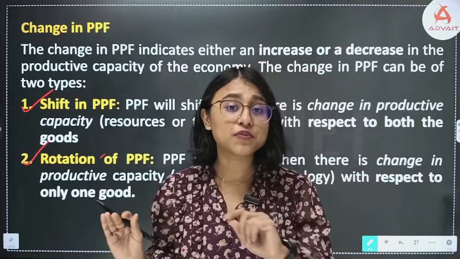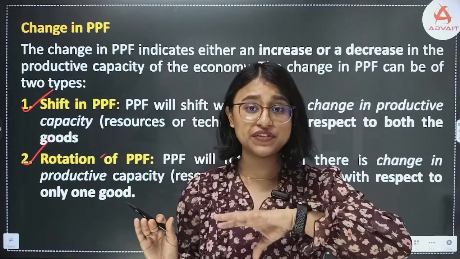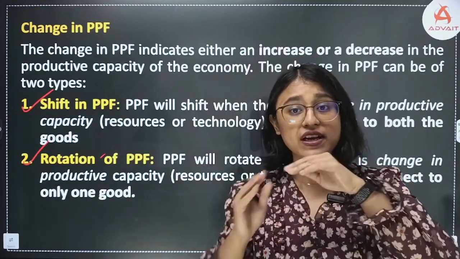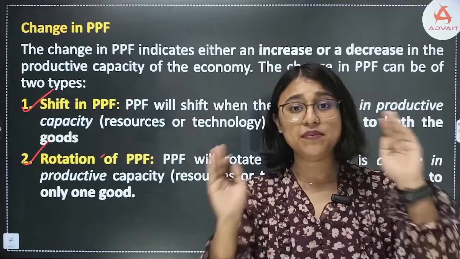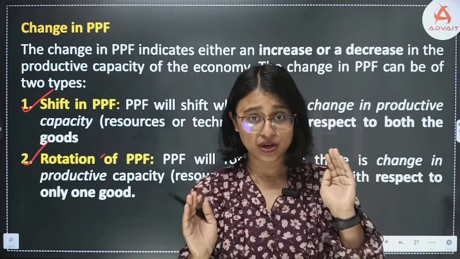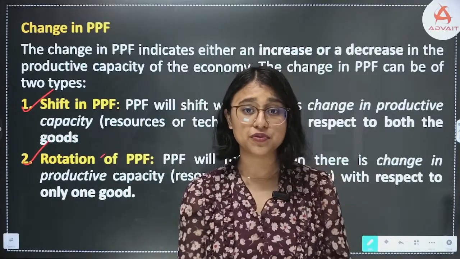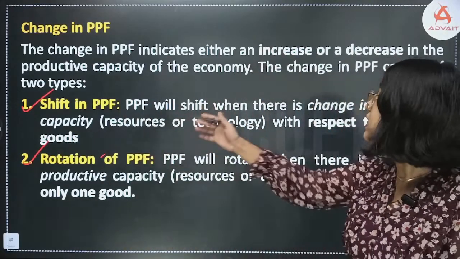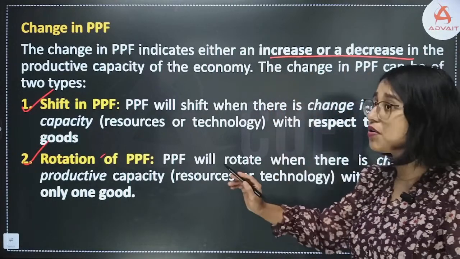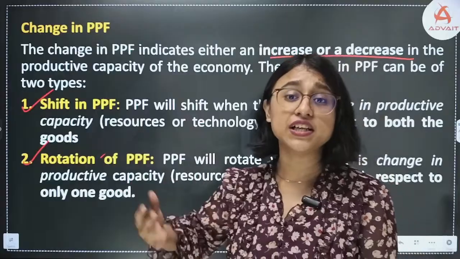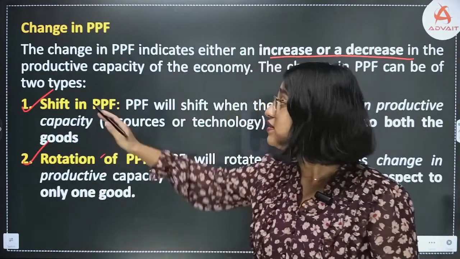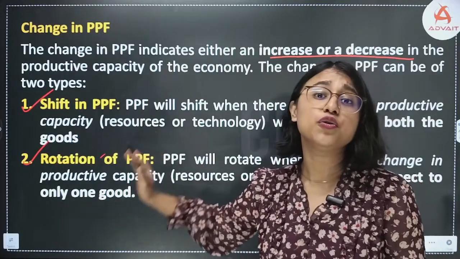We first assumed that our productive capacity, meaning resources and technology, is given. Because it is given, we represent the maximum level of goods combination we can produce through the PPF. But when there is an increase or decrease in the productive capacity of the economy, there is a change in the PPF. And that change can be captured through either a shift in the PPF or a rotation of the PPF.